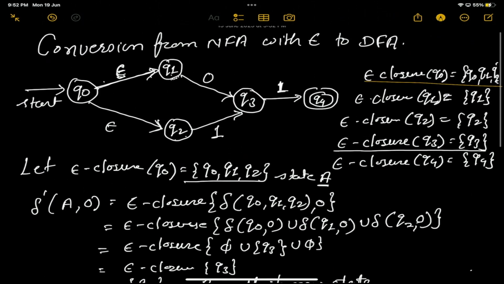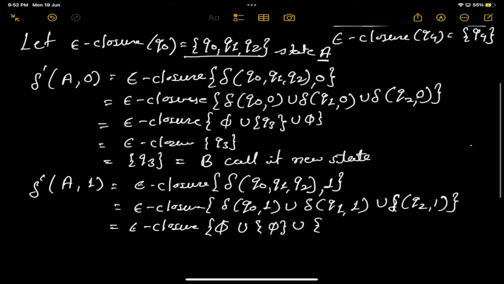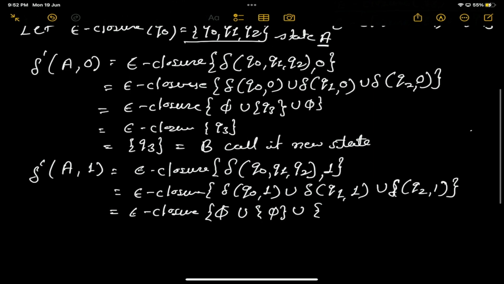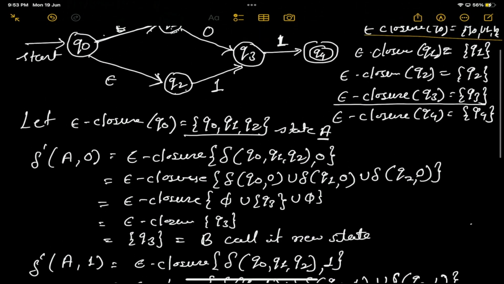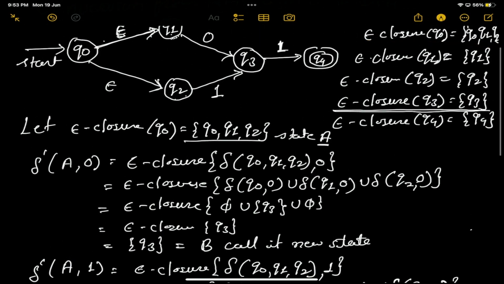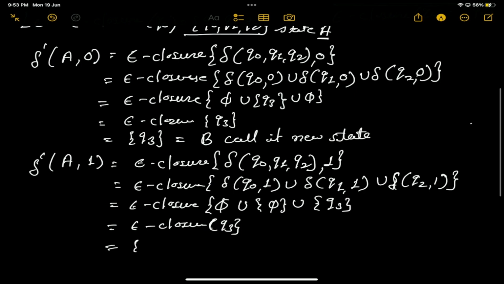Q2 with input 1 goes to Q3. So the epsilon closure of Q3 is Q3. So we didn't get a new state; it is the state we call state B.